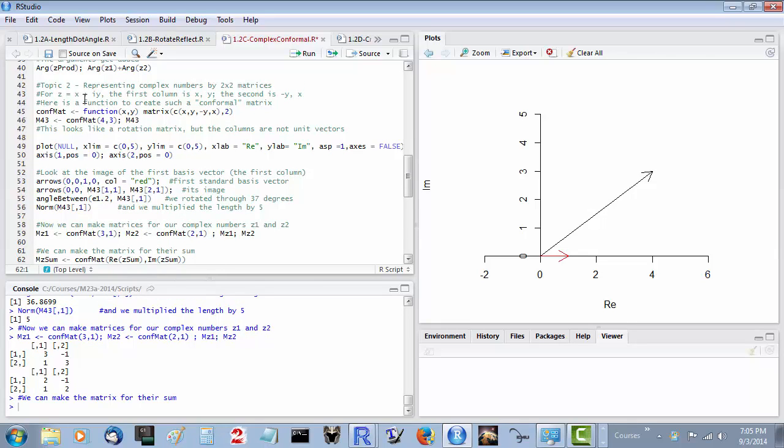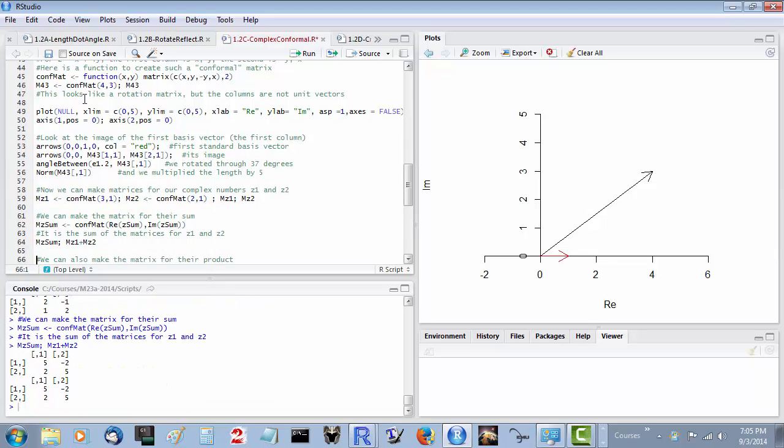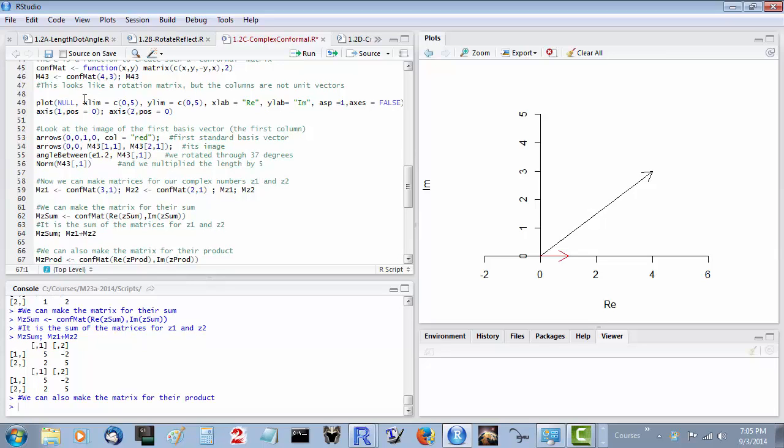If we add them, the resulting matrix is the same as the matrix for the sum of the two complex numbers. But now we can multiply them and get the same matrix. So let's do this two ways.